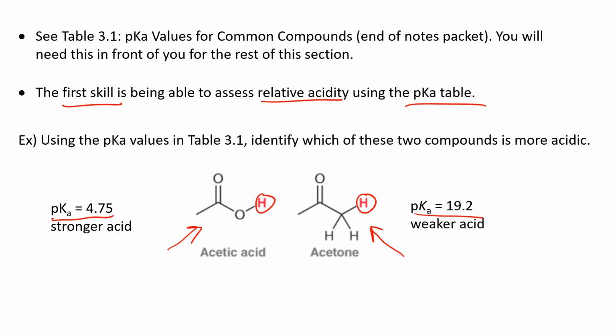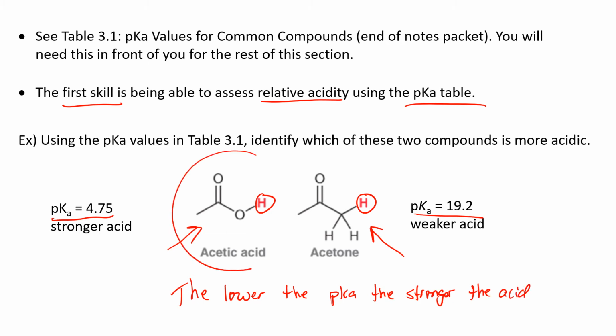Remember, the lower the pKa, the stronger the acid. So, acetic acid is more acidic because it has a lower pKa.